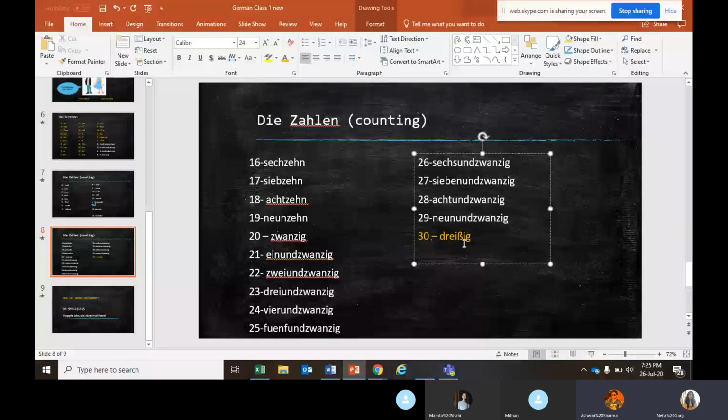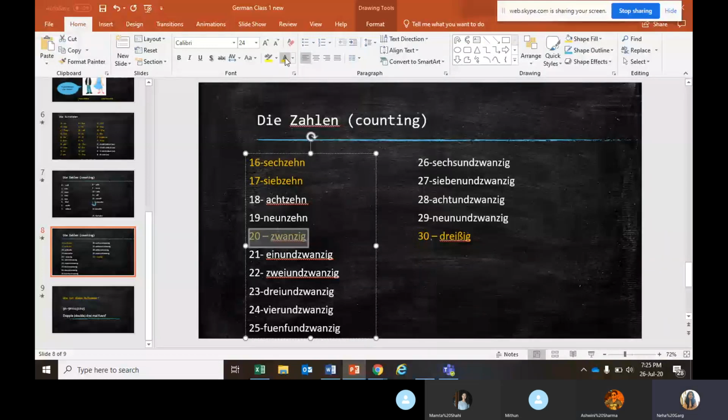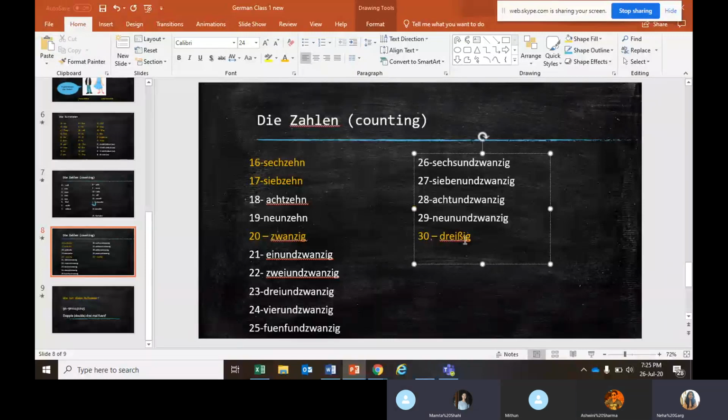How did we write 20 here? We have zig. So for 30, 3 is drei, and then for the ty, like in 20 we have zig.